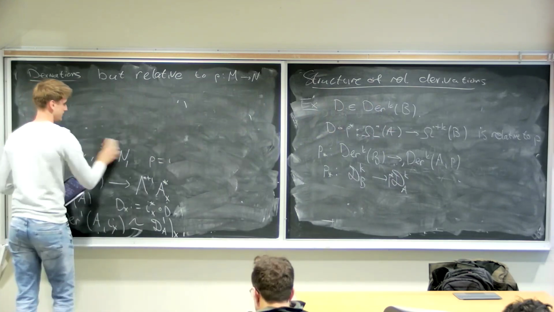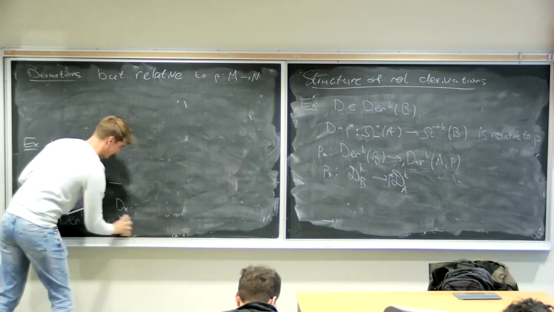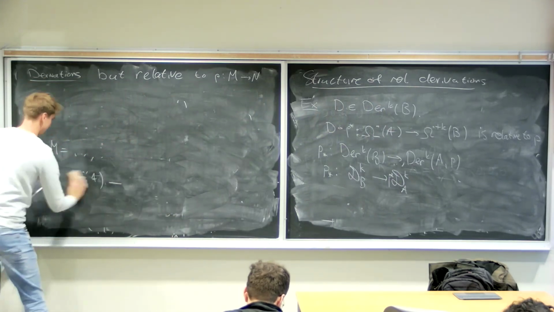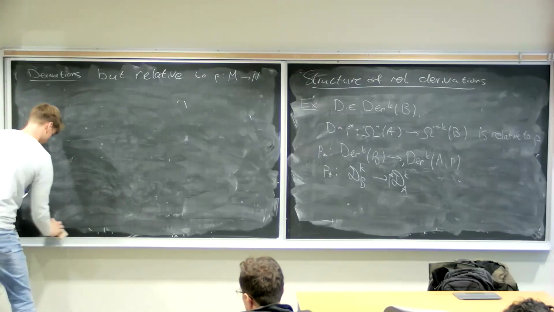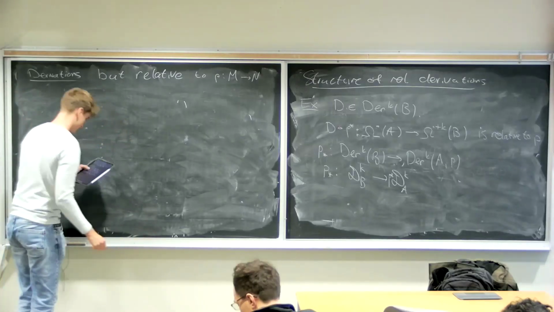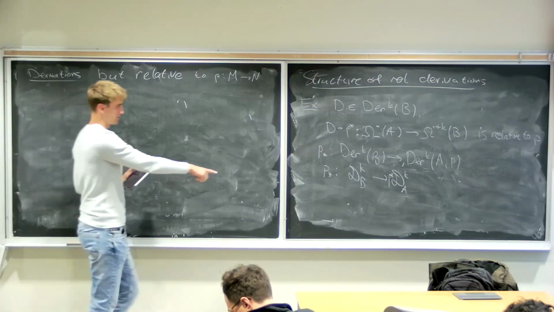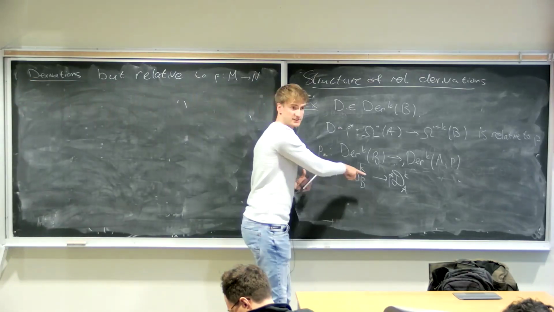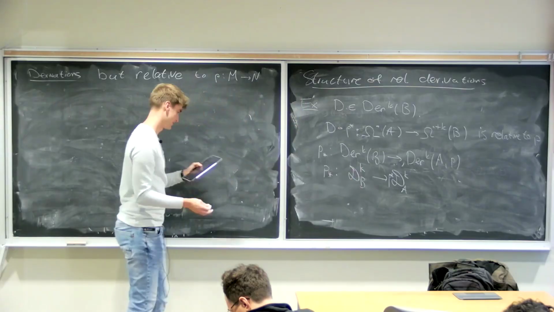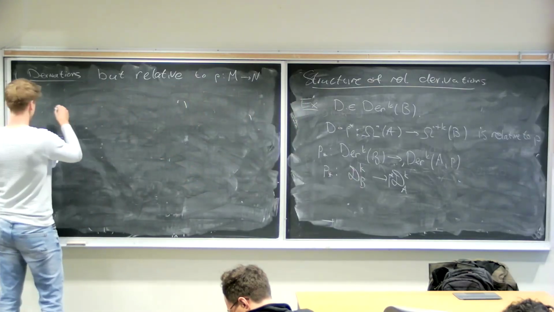And this reveals a lot more additional structure that relative derivations have. I'm going to write down the whole diagram that decomposes it in every direction. This is surjective, for reasons that can be found later.